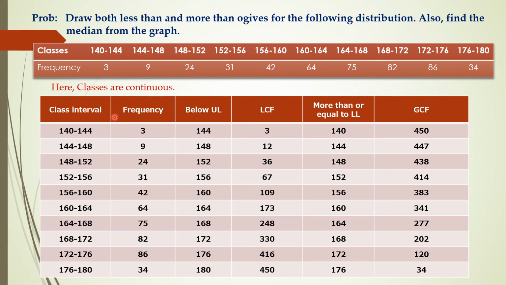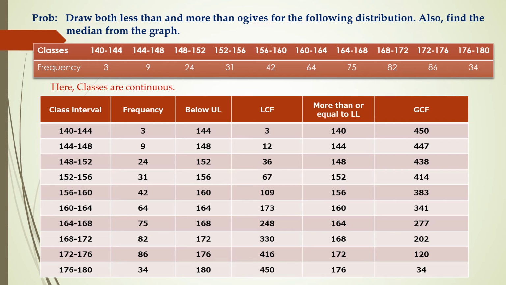So you can take these 2 columns. In case of LCFD, we need upper limits and the respective less than cumulative frequencies. In case of GCFD, we need lower limits and greater than cumulative frequencies. As the class intervals are continuous, copy the class intervals as they are in the first column. Then copy the respective frequencies in the second column.